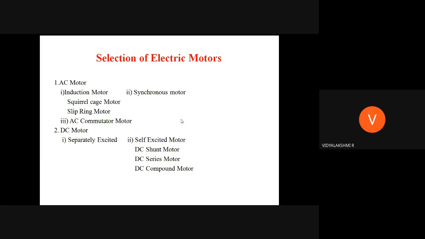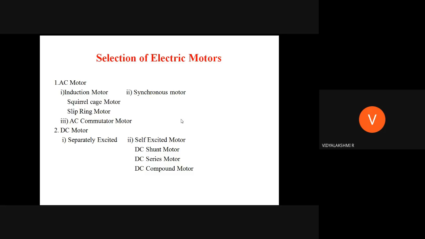Therefore DC motors are used only when AC motors are not suitable to fulfill the special requirement. In some cases AC will not be used for the drive, which means there is no option, and I have moved with the DC drive only.